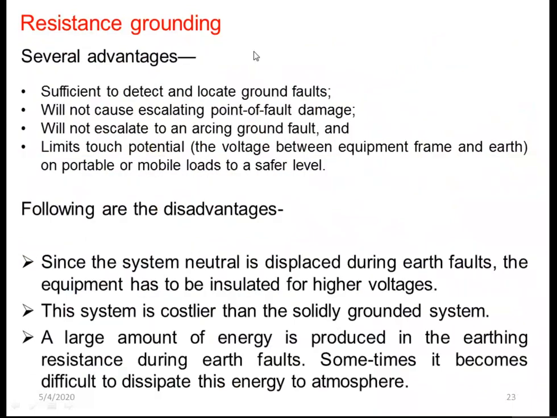Here in this slide, there are some points referred. What are some advantages of resistance grounding? This includes being sufficient to detect and locate the ground fault. This is one part. And then it will not result in point of fault damage.